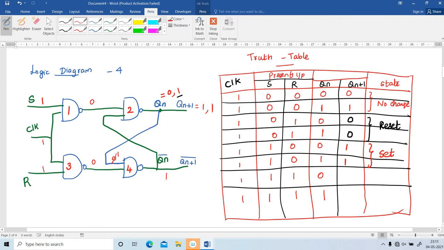And here both are equal to 1. So it is not possible. This condition is not possible. So put X. This is the indeterminate state.